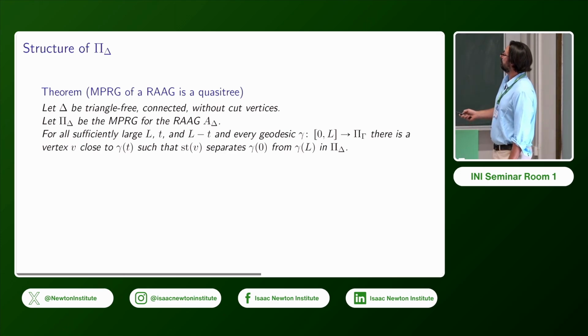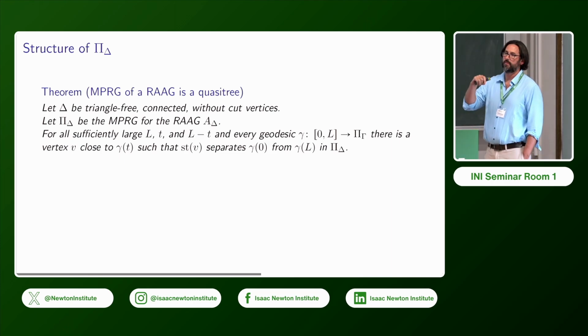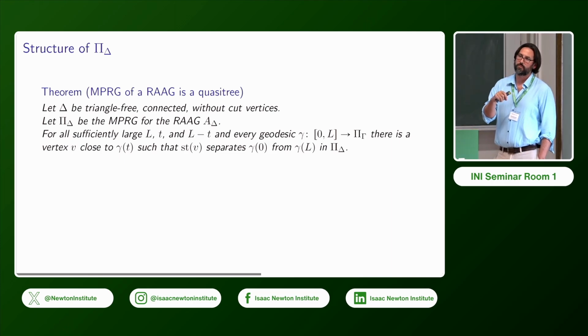In this setting, what happens is I take my geodesic, and if it's sufficiently long and I pick a point, gamma t, sufficiently away from the endpoints, I don't want to claim that that particular vertex separates the endpoints, but something nearby almost separates the endpoints.